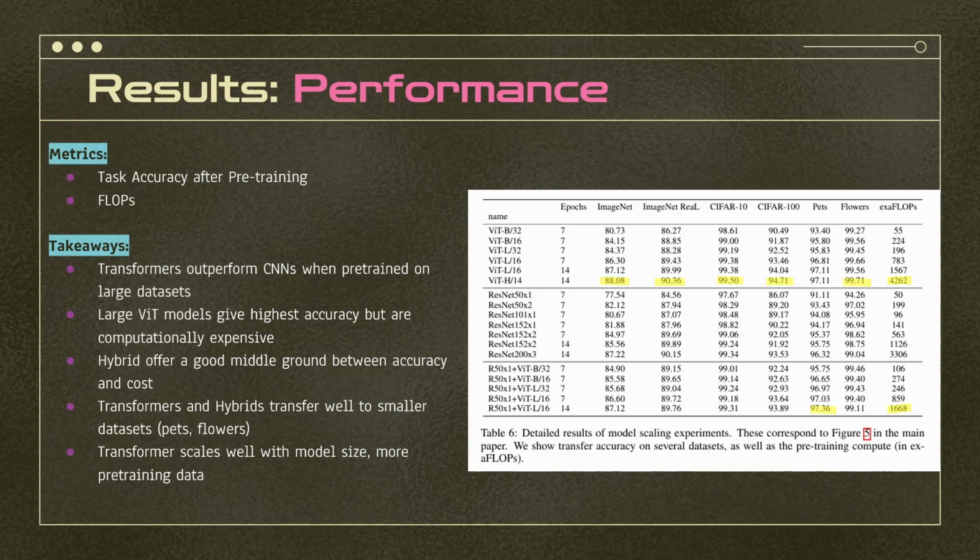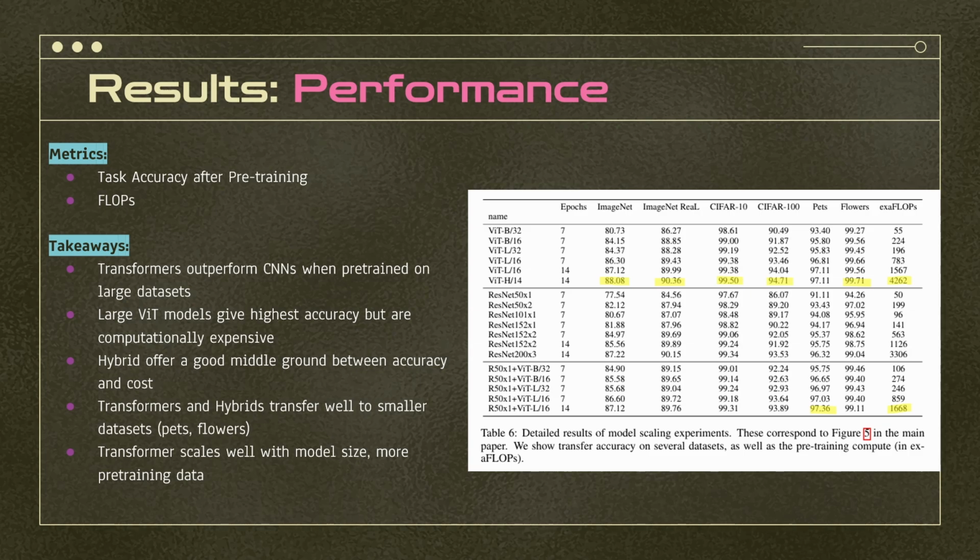However, the ViTs with the highest accuracy are computationally expensive. If we look at our chart, the ViT-H/14 there, we see it's 4,262 exaflops, and that is very large, larger than basically any comparable one.